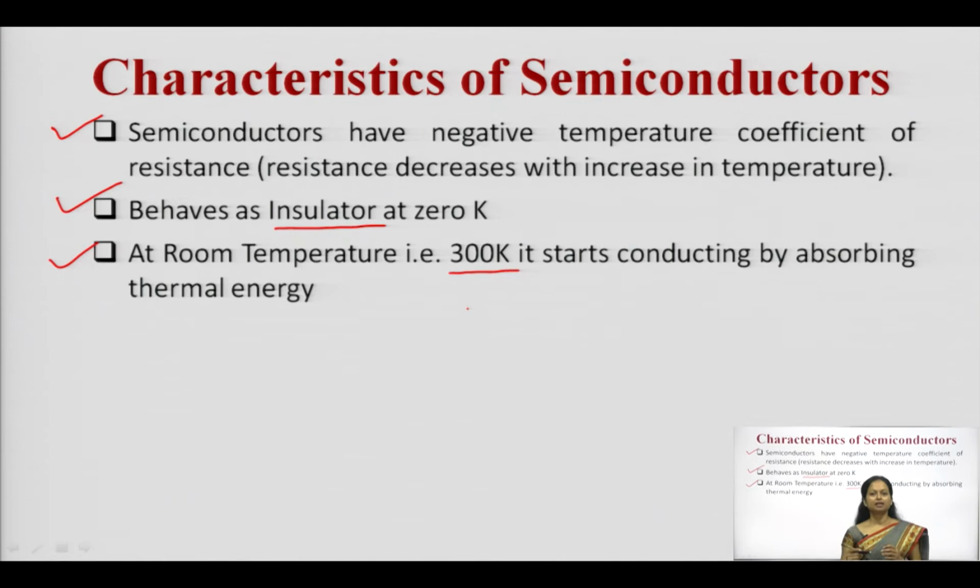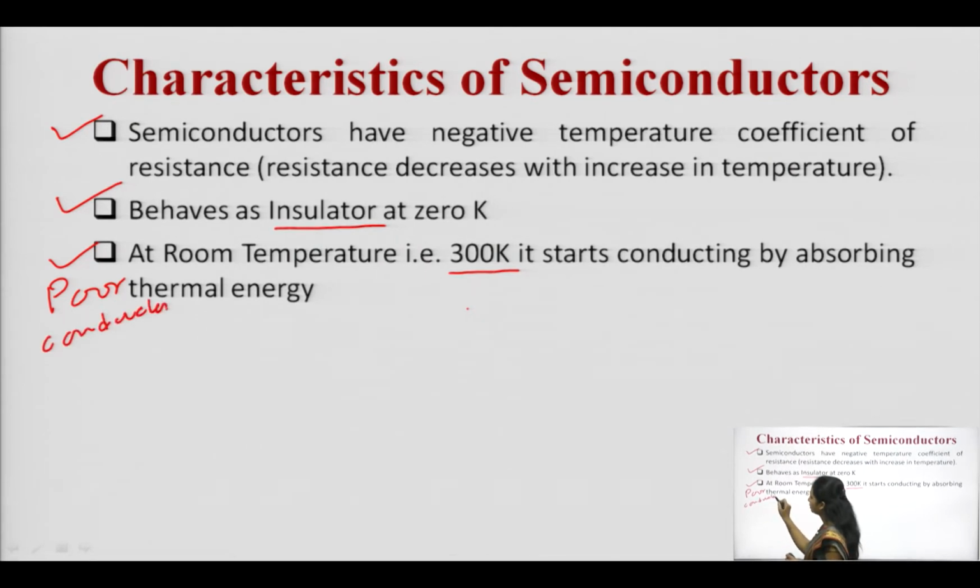You can observe a very small amount of current flowing. It means at 300 Kelvin it behaves as a poor conductor. It is not an insulator, but it behaves as a poor conductor.